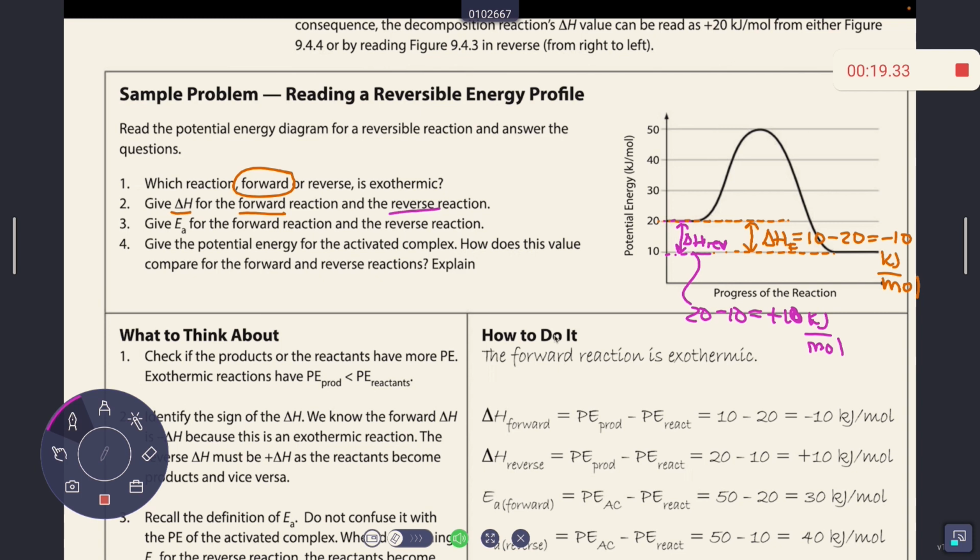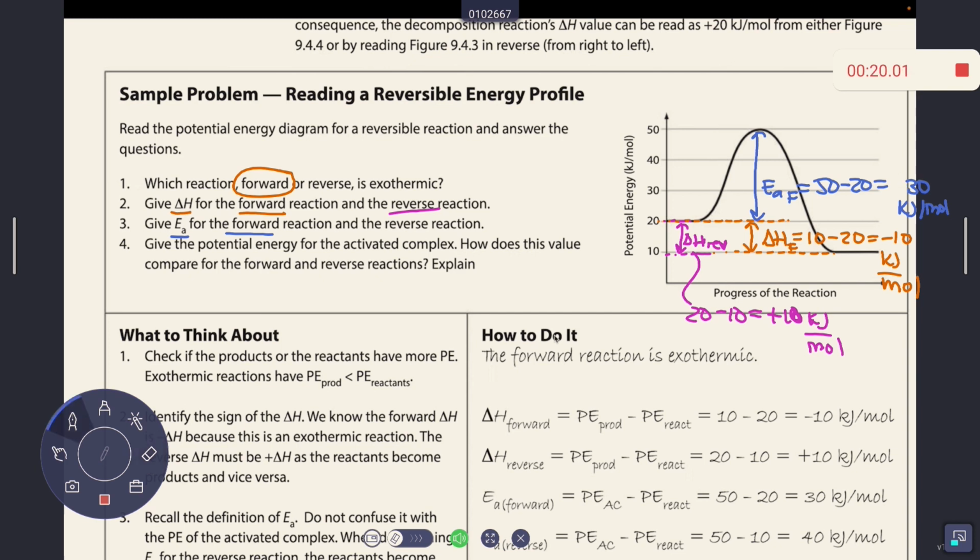Now let's look at the activation energy for the forward reaction. What would that be? 50 minus 20. Yeah, that would be between here and here, so I'm going to put a little F. This is 50 minus 20, which is 30 kilojoules per mole. You don't have to include that positive there.